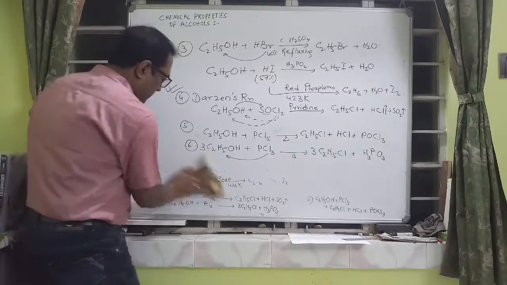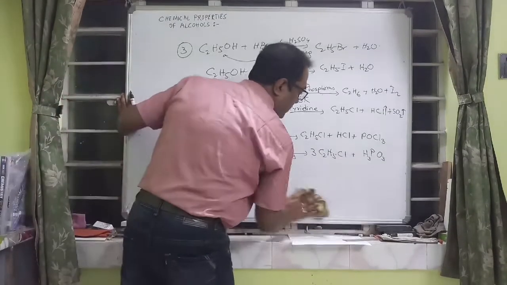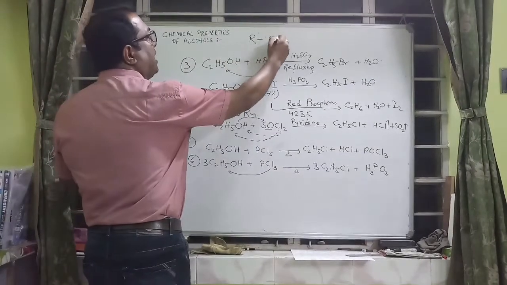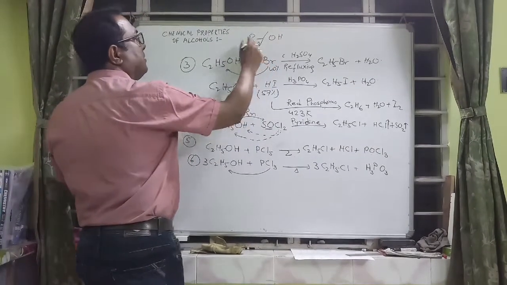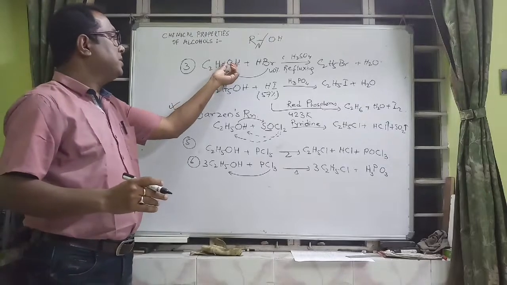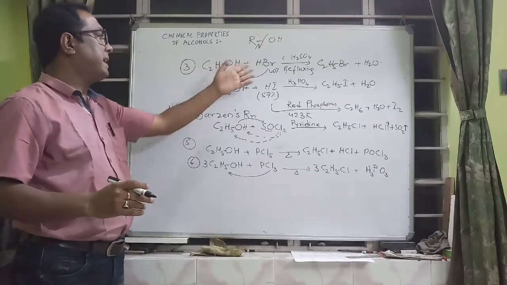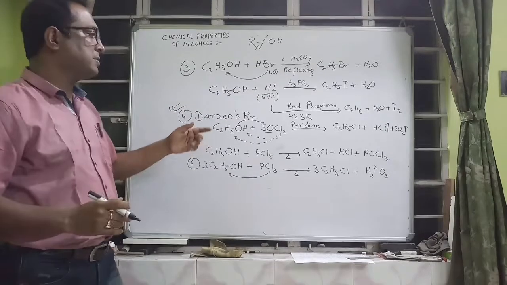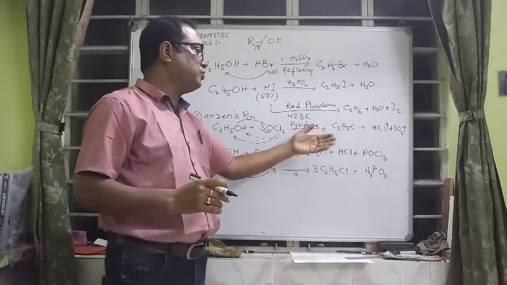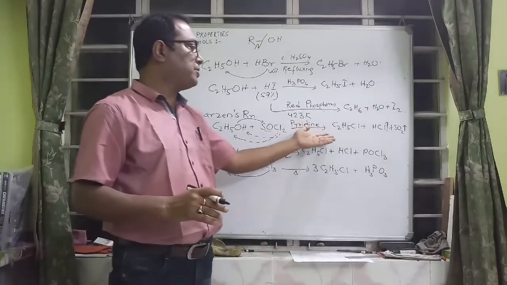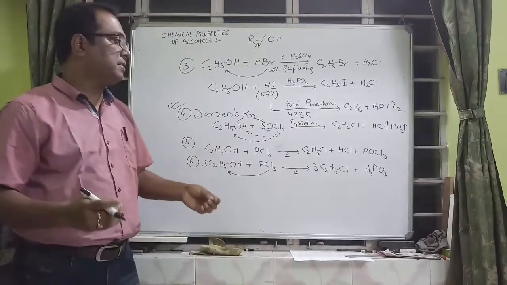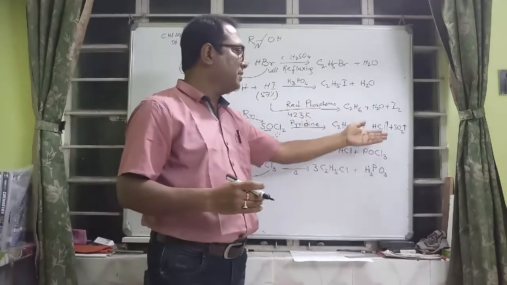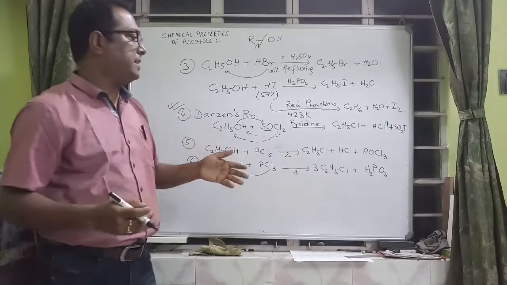So student, here you can see how we can relate the reaction between ROH when we can have a cleavage between RO and H. So this OH is being replaced by the halide groups, and this is a very important reaction, particularly Darzen's reaction, because if you are to make ethyl chloride, or alkyl halides, this is the easiest process, and you get almost 100% purity because both of the compounds formed as a product here will be vaporizing out.